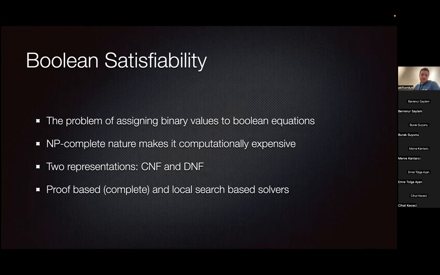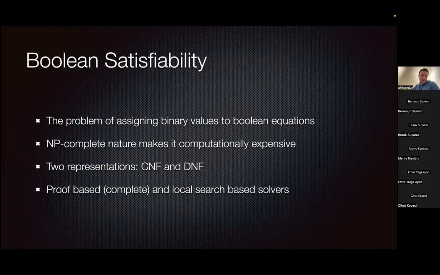And the advantage of complete algorithms is that if it's satisfiable, they can give you how the Boolean equation is satisfiable and give you the satisfying binary values. If it's not satisfiable, they will give you a proof of why this particular equation is not satisfiable by giving you the conflicting clauses and conflicting expressions.